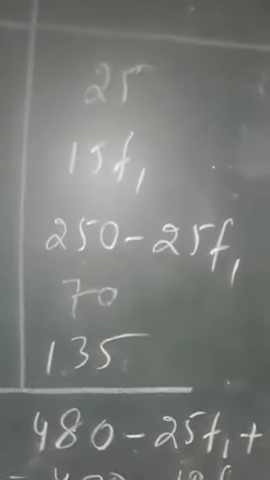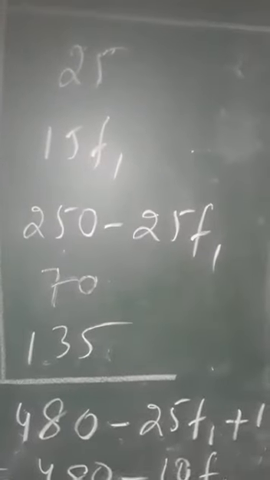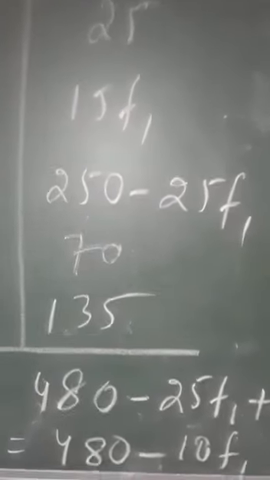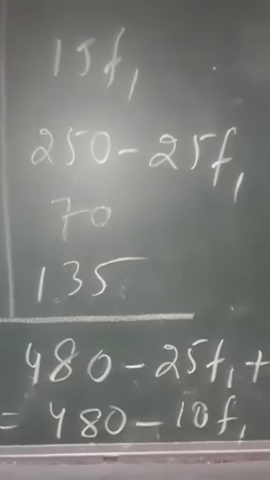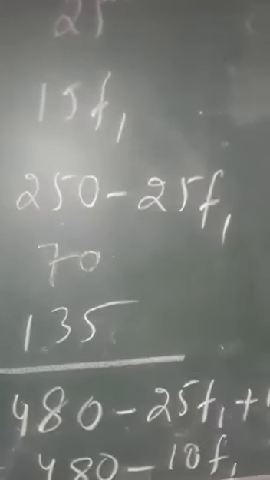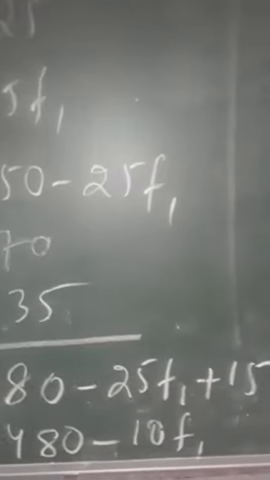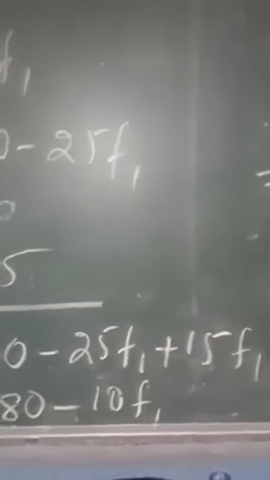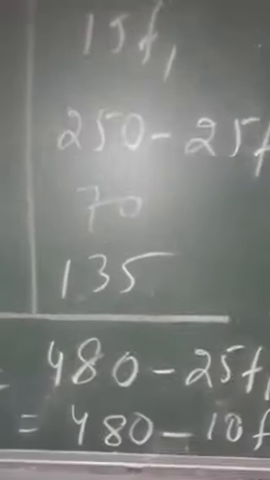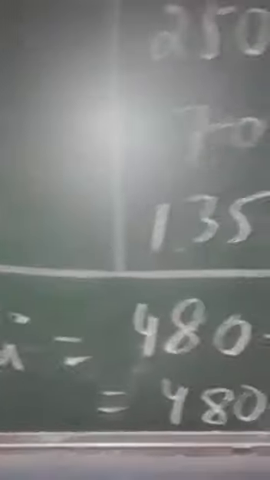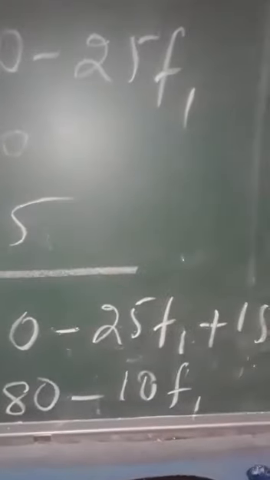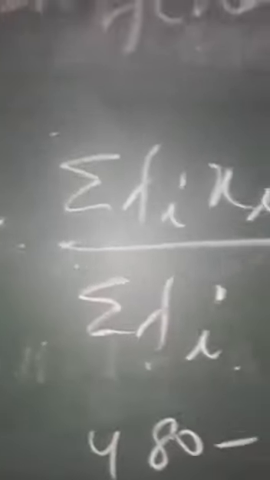When we add 25 with 70, 135 and 250, we get 480. And plus 15 f1 and minus 25 f1. Minus 25 f1 plus 15 f1 will give us minus 10 f1. So the final summation fi xi is equal to 480 minus 10 f1.